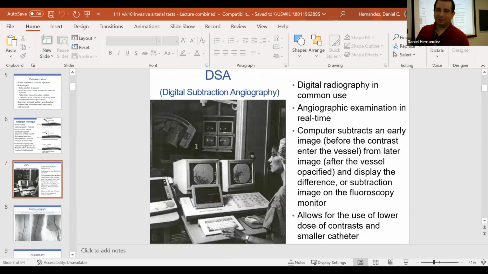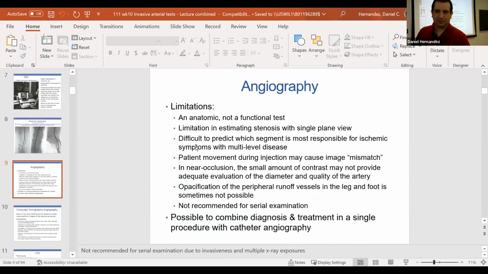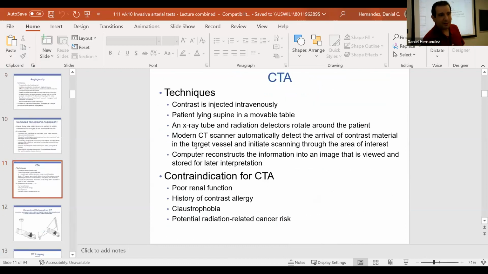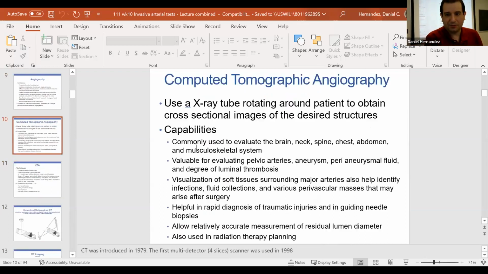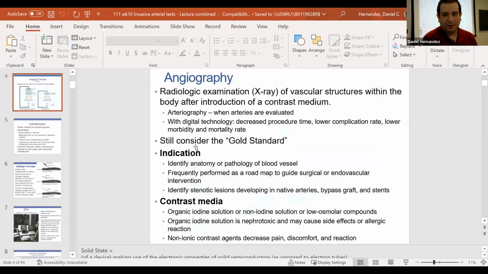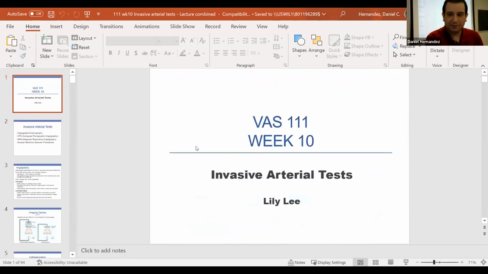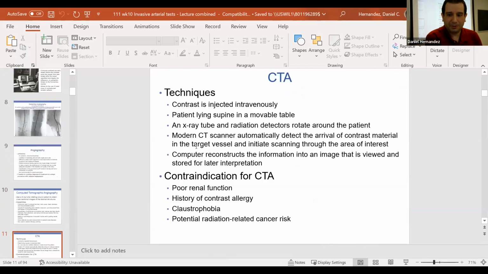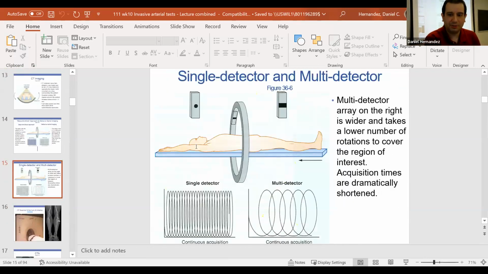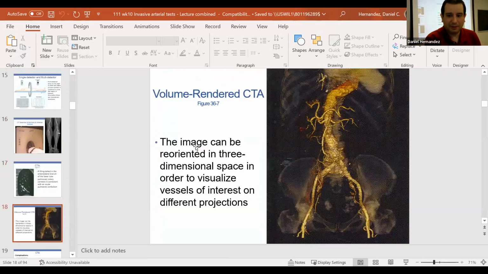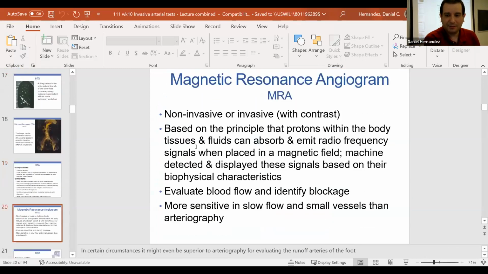CTA is similar to digital subtraction angiography, but it utilizes a CT scanner, so it's still X-ray, still radiation, and you still need the contrast. Contraindications for those are both very similar. They both utilize radiation, and in patients who have poor renal function, we worry about the contrast affecting the kidneys.